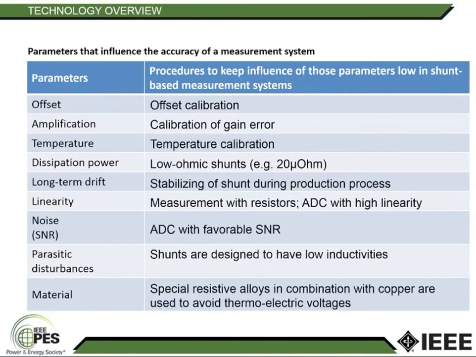And last but not least, we use special resistive alloys in combination with copper to avoid thermoelectric voltages. So the copper legs are welded to the resistive alloy that is located in between those copper legs, which is a very good combination to keep contact resistances between those interfaces as low as possible.